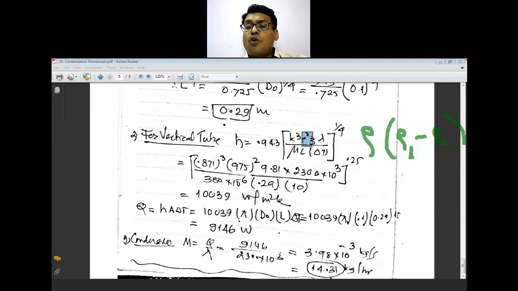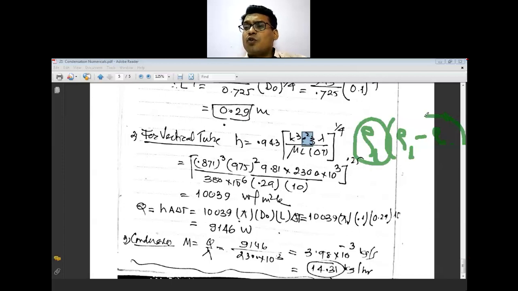So for rho of liquid and rho of vapors, there is a vast difference. For water, you can say the density is 1000 kgs per meter cube, and for steam the density is say 1 or 2 kgs per meter cube. So when you subtract this, the value of density for vapor is almost negligible.